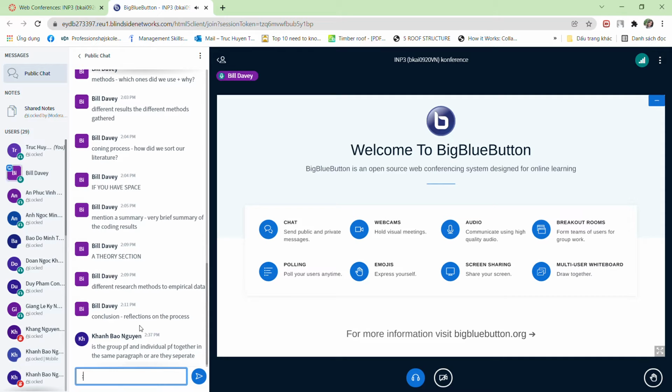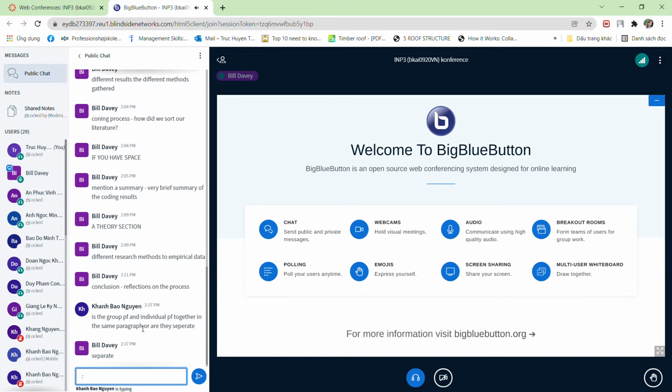Here's the group PF and the individual PF together in the same paragraph. Oh, they're separate. Okay, I'm going to write separate. So your group problem formulation will probably be a maximum of 3 paragraphs. So let's put group equals max 3 paragraphs.